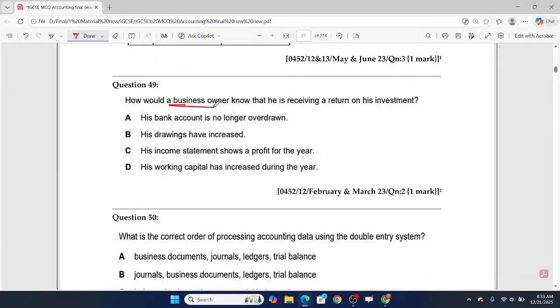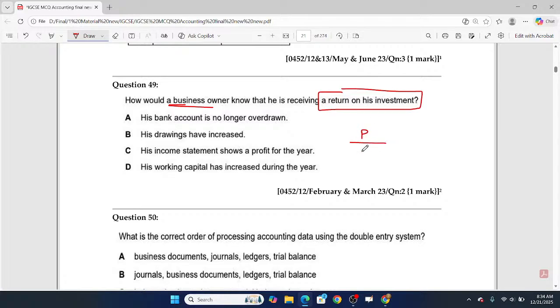How would a business owner know that he is receiving a return on his investment? What's the analysis ratio for this?